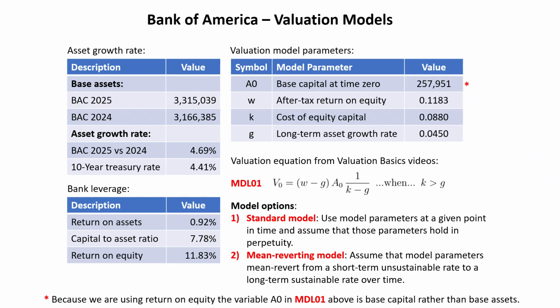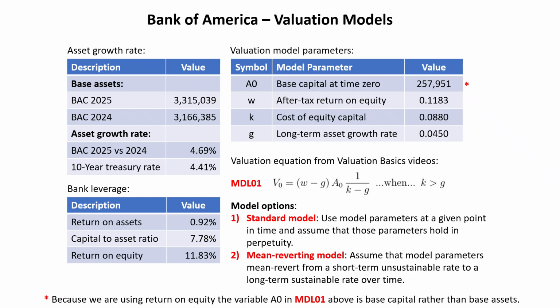So the standard model assumes that we take the model parameters like we're doing here for Bank of America at any given time, and just plug that in, assuming that those parameters hold in perpetuity. This is a quick and dirty way of getting a value that's indicative of whether we're overvalued or undervalued.